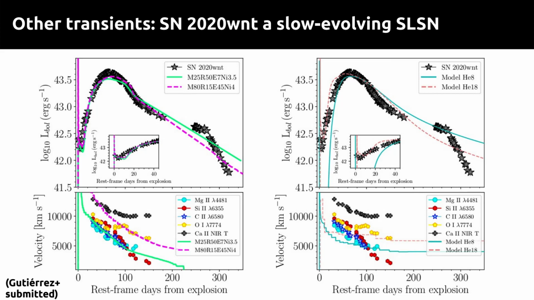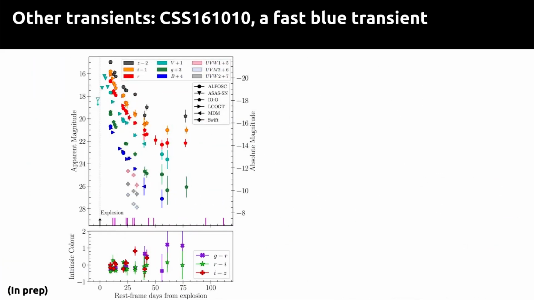And finally, as I said, the bonus, we have this blue transient, CSS 161010. The object was followed in 2016 by NOT mainly. The object goes to the peak in less than 4 days, and after the peak declines very fast.